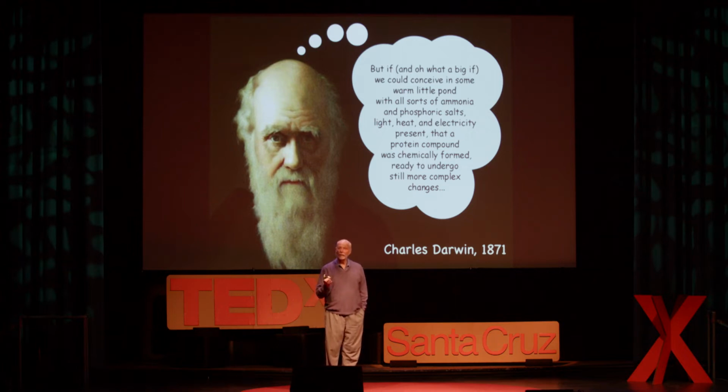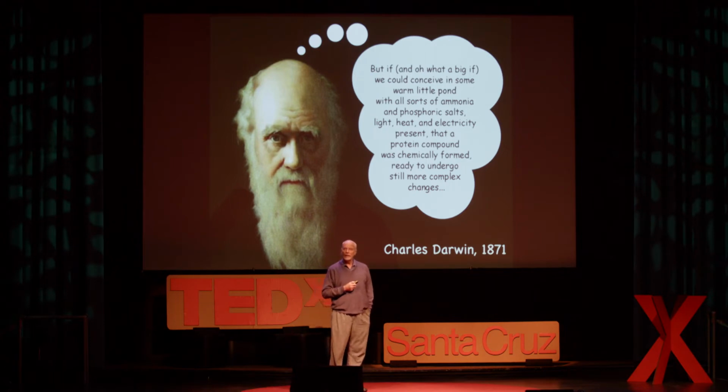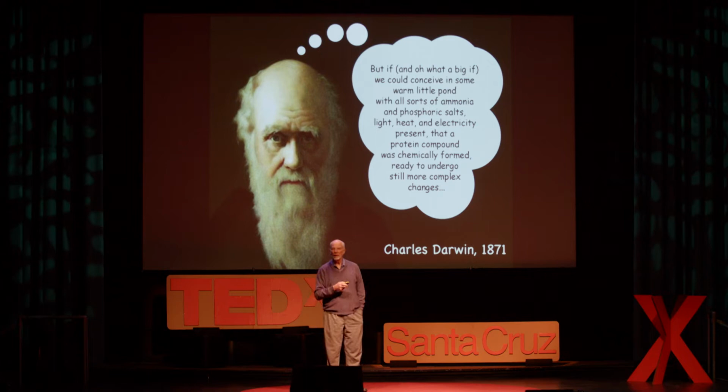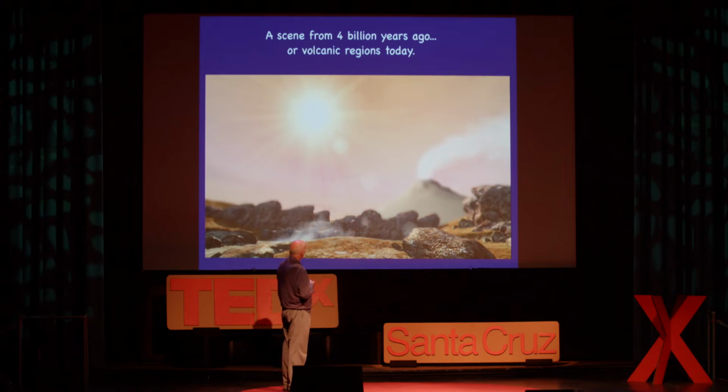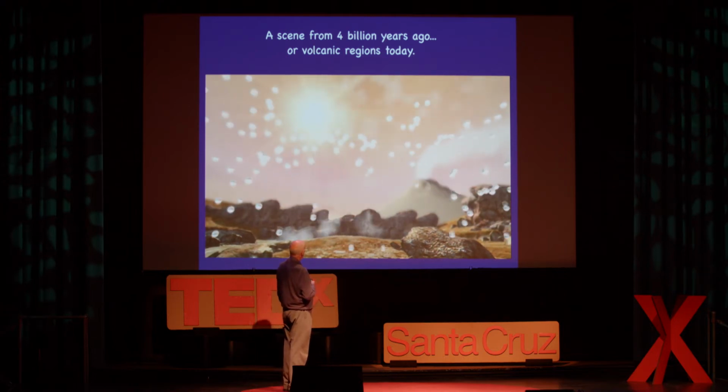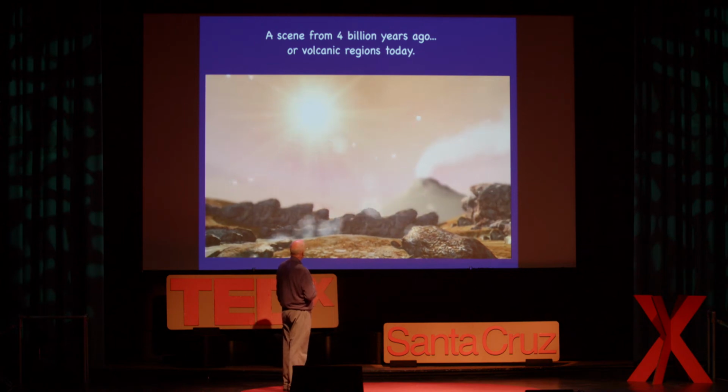Life began 4 billion years ago, we think. Were there warm little ponds back then? Bruce and I put together a video showing what we think the world was like 4 billion years ago. What you see is that it's lifeless. There's nothing green there because plants had not yet started up.